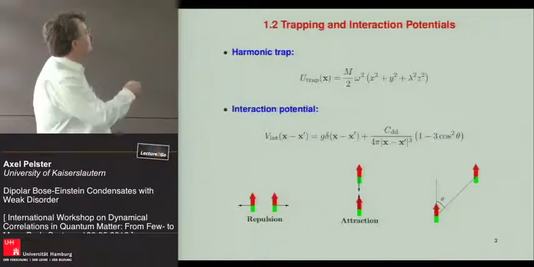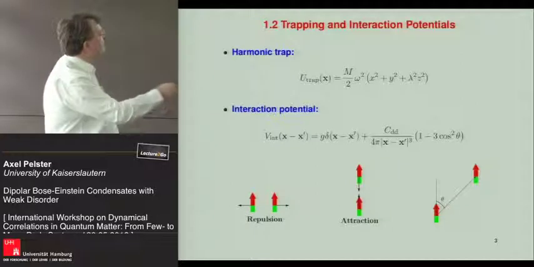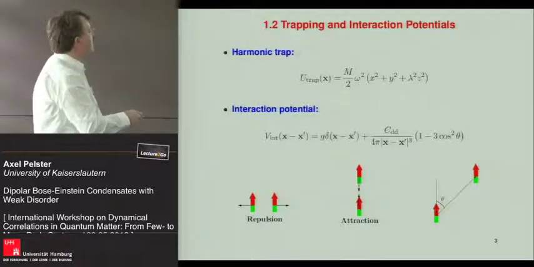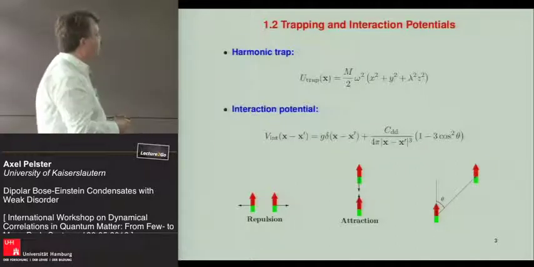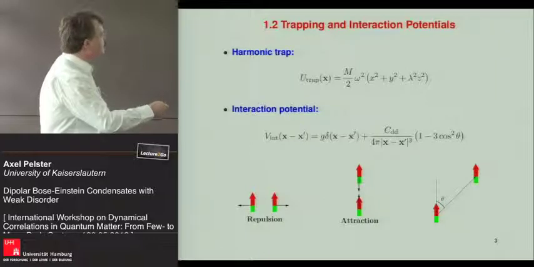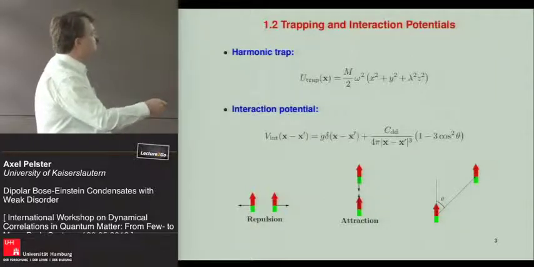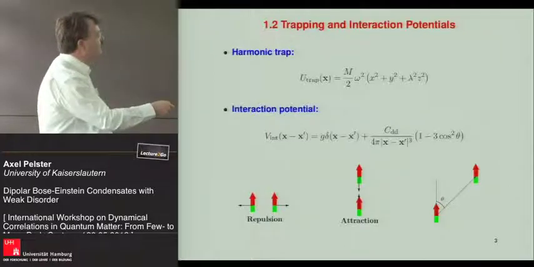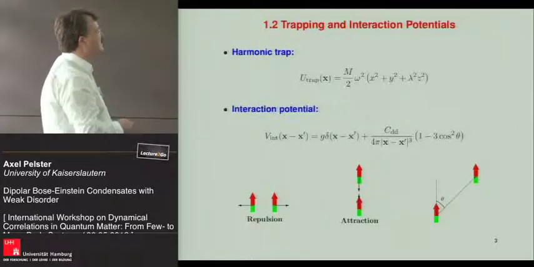Now, when we talk about a harmonic trap, we might have a cylindrical symmetry with this trap aspect ratio. And concerning the interaction potential, we just have to take the sum of a contact interaction, which is short-ranged, whereas this dipole-dipole interaction is long-ranged in the sense that it falls off with 1 over the distance cubed.